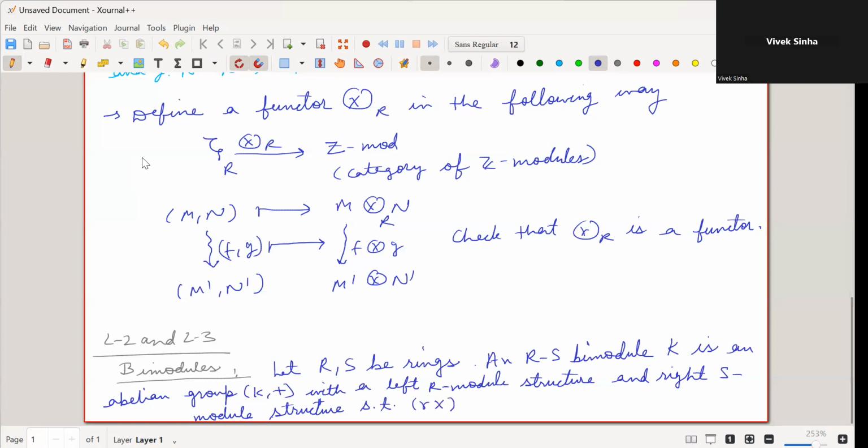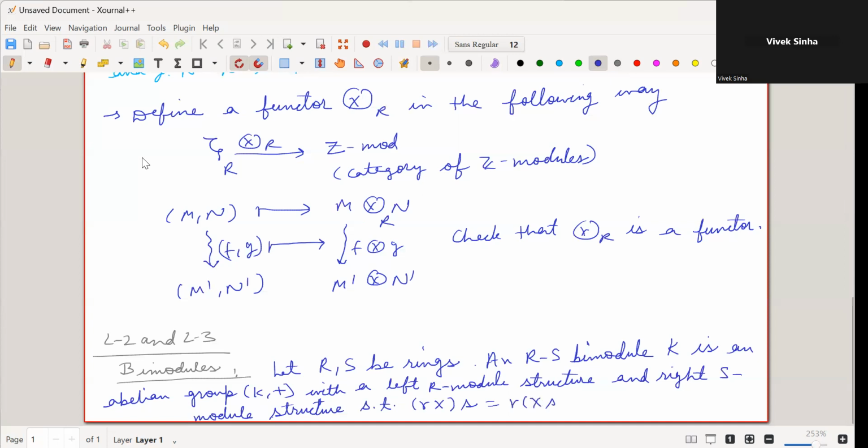(r x) s is equal to r (x s). So you have x, you multiply from the left by the element of R, and whatever result you get, you multiply from the right by the element of S, and that is the same as r (x s).